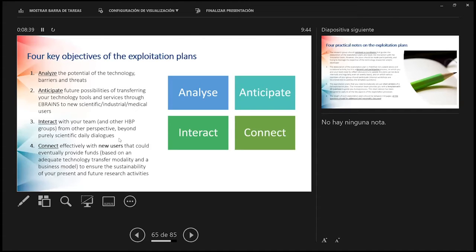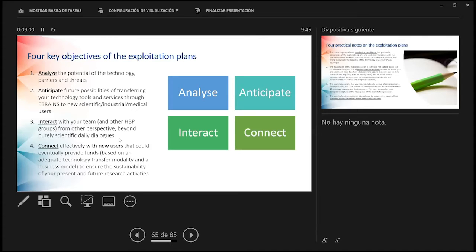Some of these concepts were explored yesterday. If you choose the right technology transfer modality, one of the different possibilities that we saw yesterday, and the right business model, we can get funds to guarantee that your research work will have continuity in the future and is sustainable.